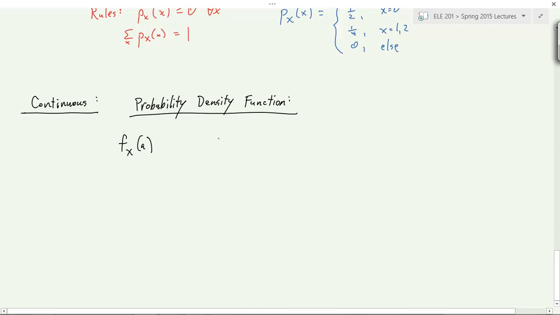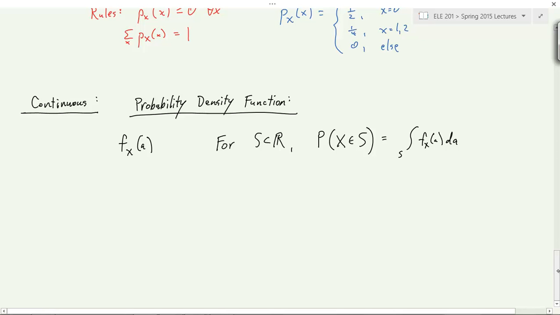And here's how the density should be interpreted. If you have any subset of numbers, any event S, the probability that x is in that set S is going to equal the integral over that set of the density.